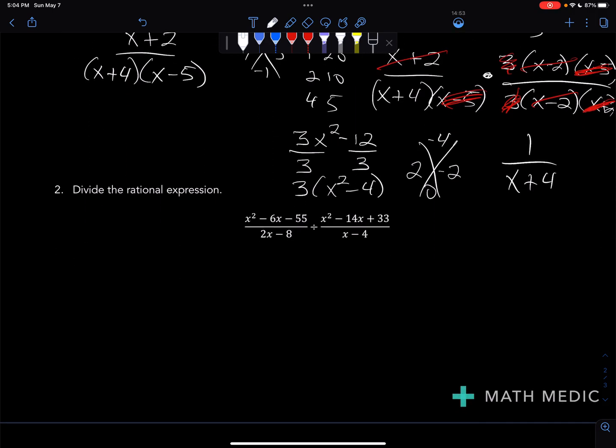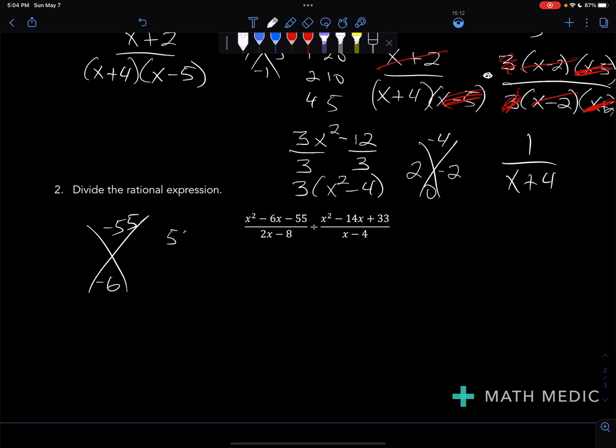All right, let's look at this division one. So first thing we're going to do, copy dot flip. I'm going to factor this first numerator before I copy dot flip. Negative 55 on the top. B term is negative 6.